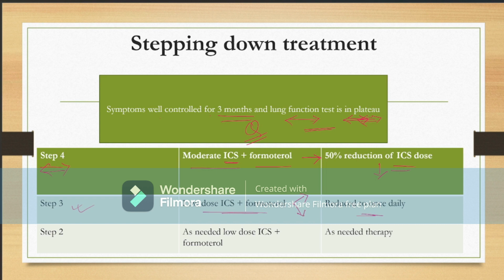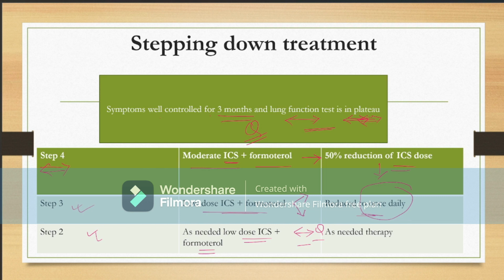After the child is well controlled by giving the treatment, then we shift to once daily dose. Okay, and in case of step 2 therapy, that means as-needed therapy of low dose ICS with long acting beta bronchodilator, then we give it as-needed therapy like step 1.